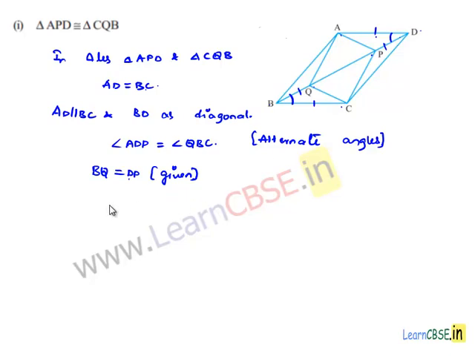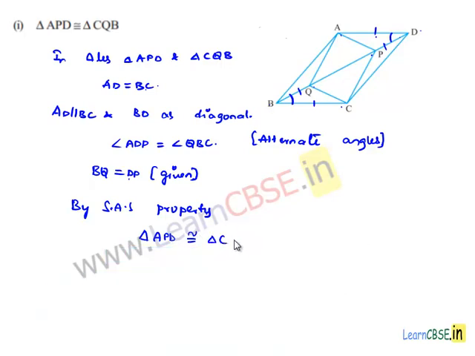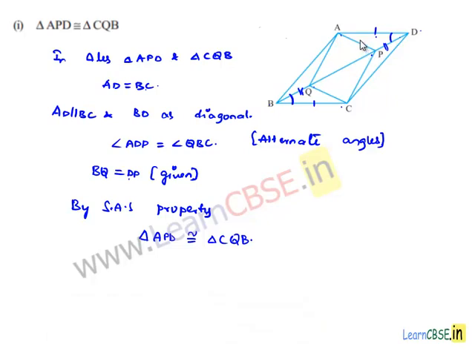So we can say by SAS property both the triangles are congruent. That is, triangle APD is congruent to triangle CQB. We know that when two triangles are congruent, then the corresponding sides and corresponding angles can be equated. So here the corresponding sides AP can be equated to QC. This is what our second subpart of the proof required.